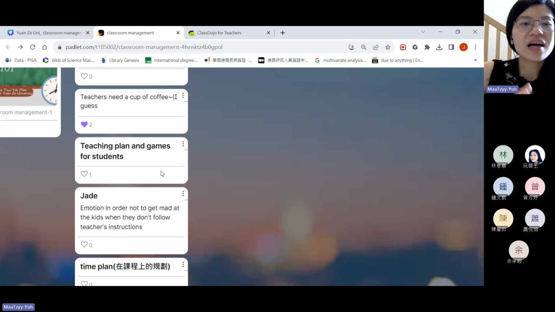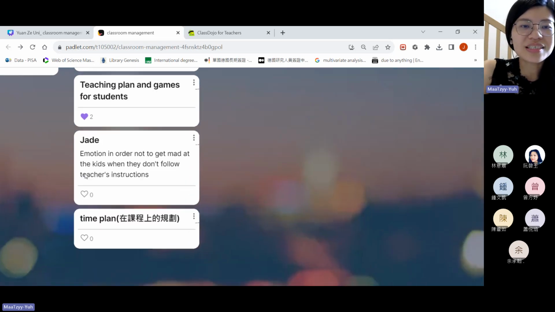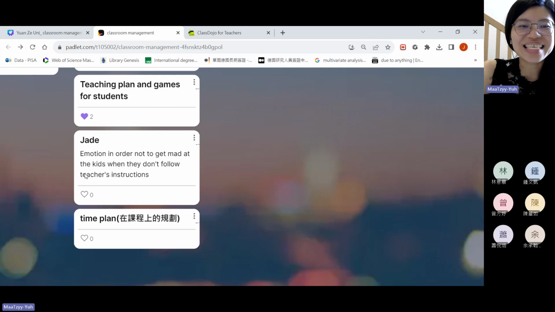And then teaching plan and games for the students. Yes, there are a lot of different games that we hope can involve the students more, so that would be important as well. And then emotion, in order not to get mad at the kids when they don't follow the teacher's instructions. So it's important to be in a very calm state.